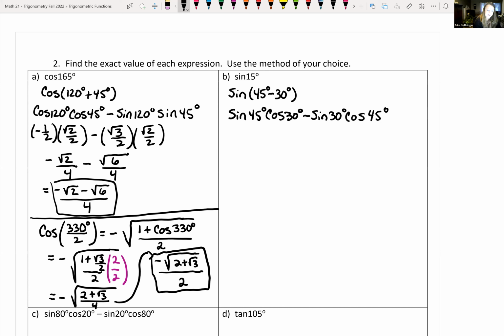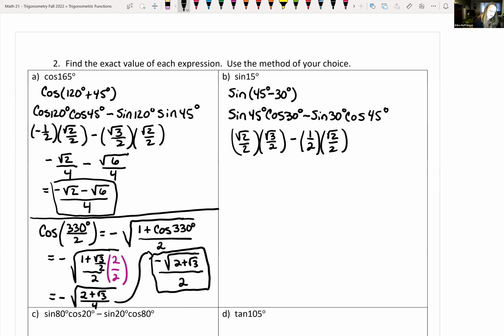Well, sine of 45 degrees is root 2 over 2 times cosine of 30 degrees, which is root 3 over 2, minus sine of 30 degrees, which is 1/2, and cosine of 45 degrees is root 2 over 2.